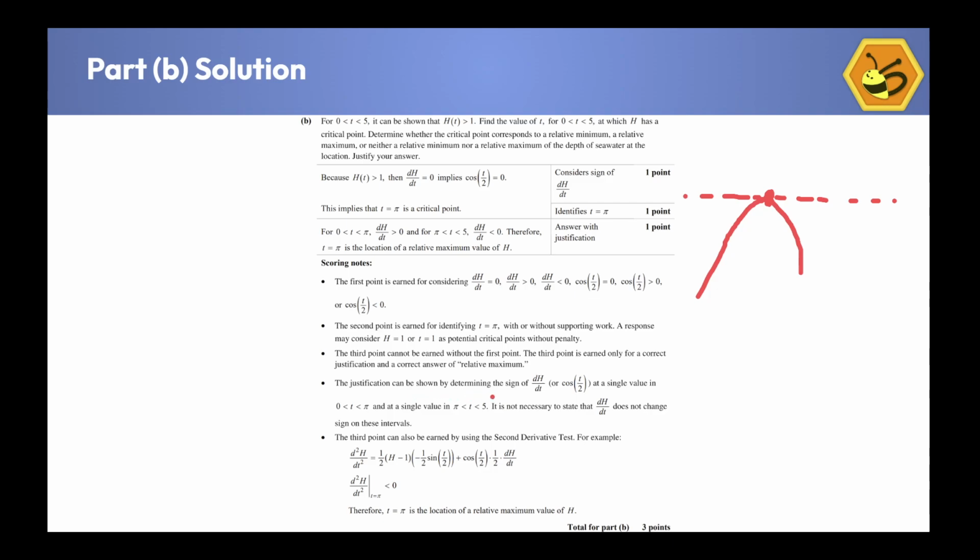The justification can be shown by determining the sign at a single value of these two intervals. So you don't need to say this if you evaluate a single value. And you can also use a second derivative test here, which is a bit more tedious, but you can still use it. That's all for part B.